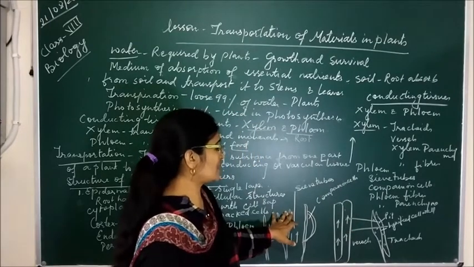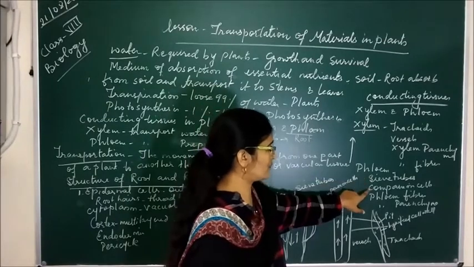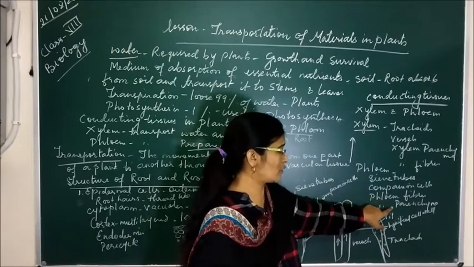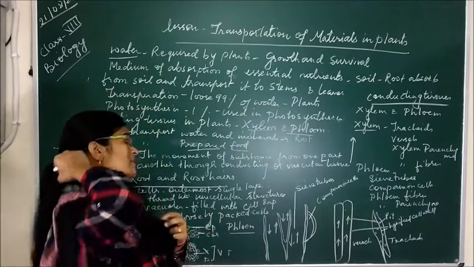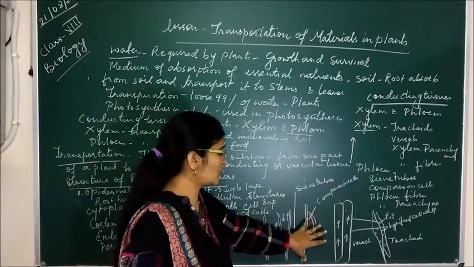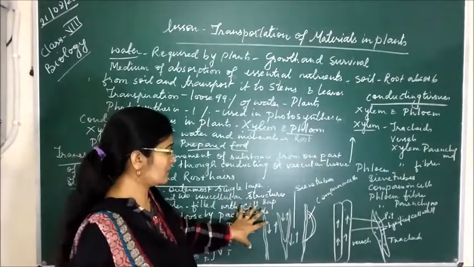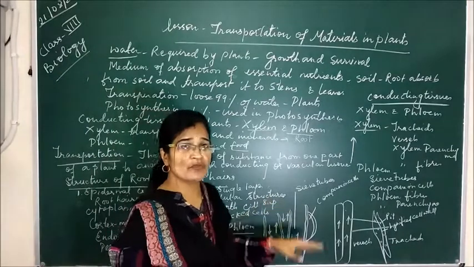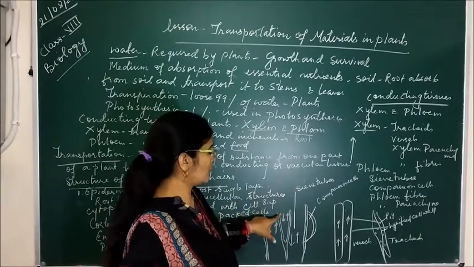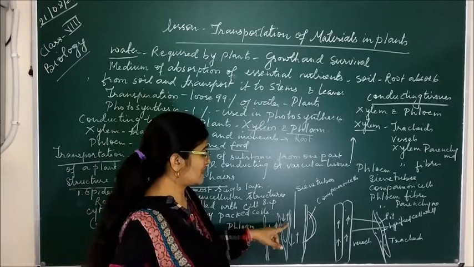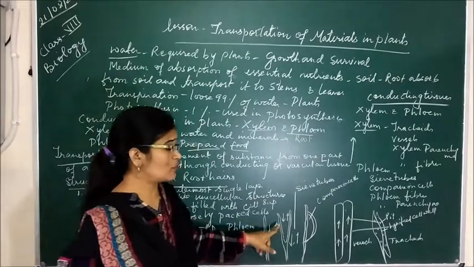Whereas in the phloem, this is the structure of the phloem. It consists of sieve tubes, companion cells, phloem parenchyma and phloem fibers. The main difference between the xylem and the phloem function you already know, but how is the prepared food transported through phloem? As you all know, the plants prepare food in the leaves, and the prepared food is transported in both directions, that is from downward to upward and also from upward to downward, because the food is prepared in the leaves.